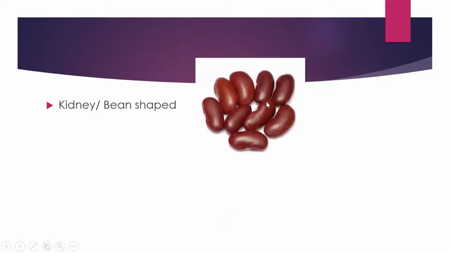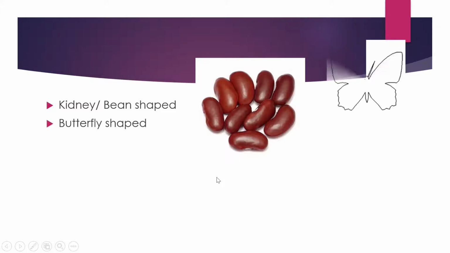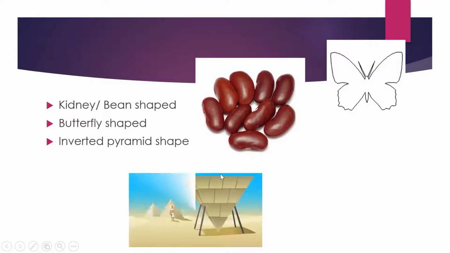Other than that, there are some swellings which are named after some organs or some species, like kidney. Kidney is sometimes called bean shaped. If you find a kidney is enlarged, you may tell that it is a bean shaped swelling. Or the thyroid. Thyroids are like a butterfly, also called butterfly shape. Parotid is described as inverted pyramid shape.